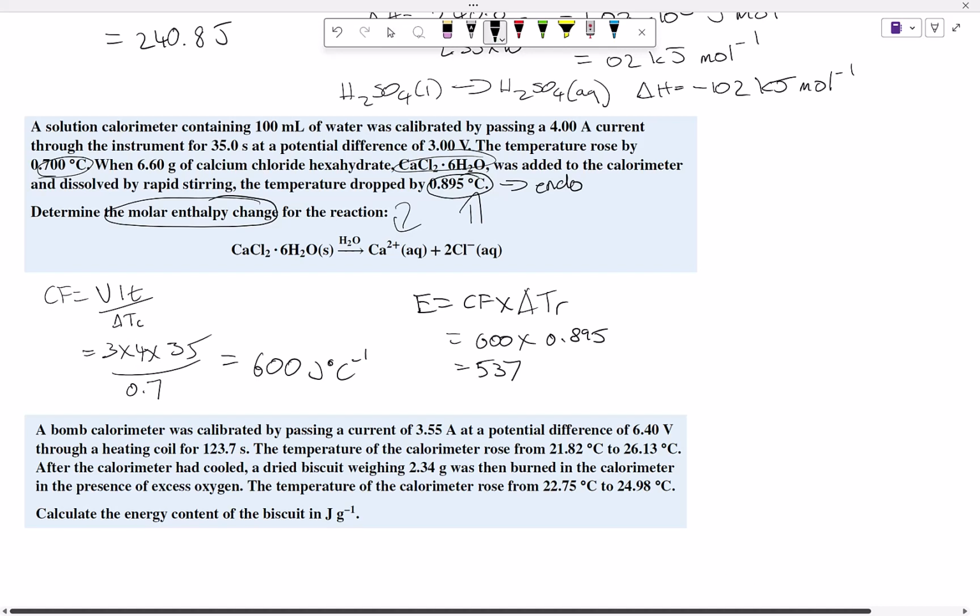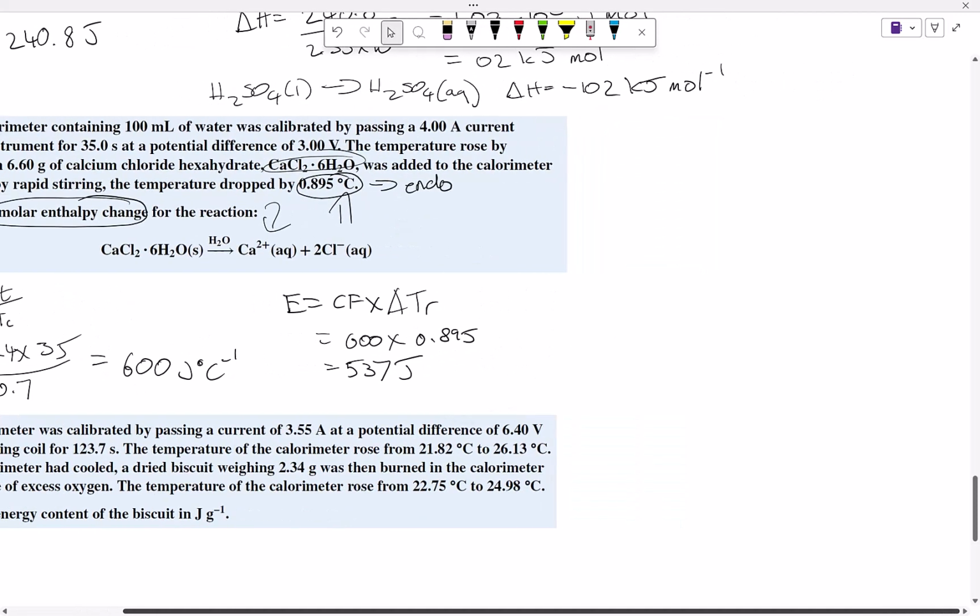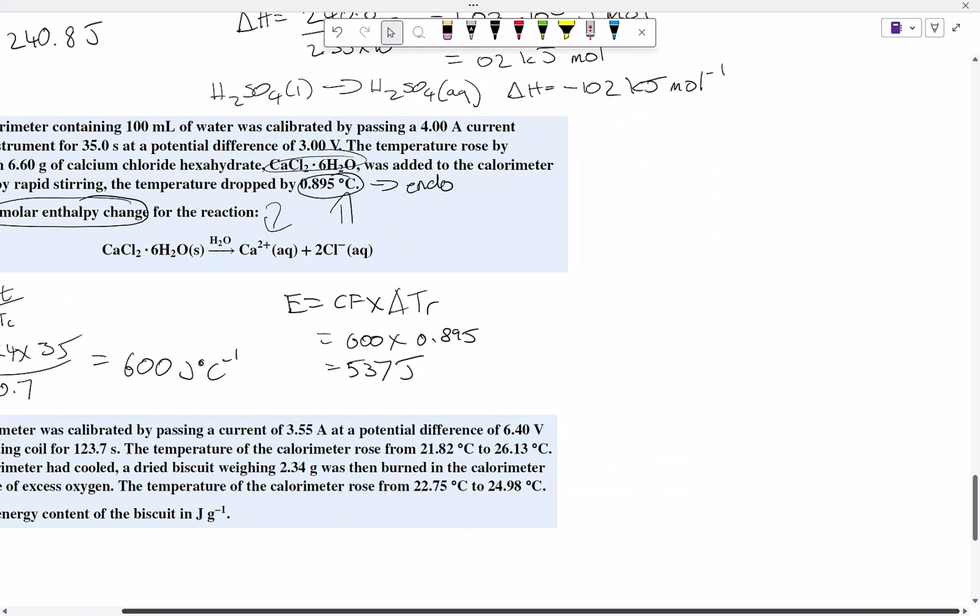Now we want to calculate the energy per mole, because remember it's a molar enthalpy. The number of moles would be mass over molar mass.